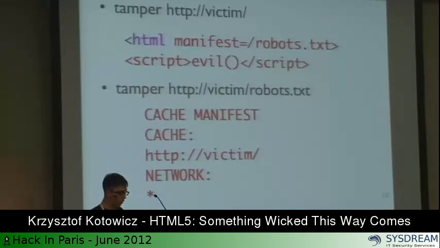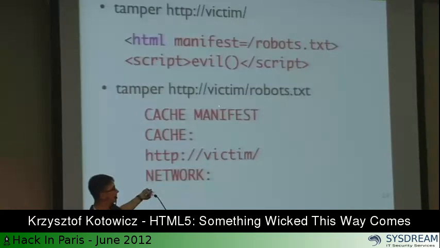So while man-in-the-middling Bob, I appended the manifest pointing to a robots text file and appended the evil script. Also, I tampered with the robots text that was requested by the browser because of this entry. And this is the poison.